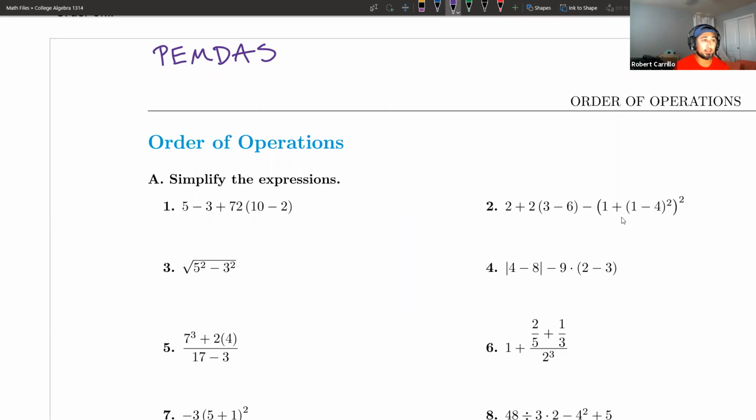So for PEMDAS, P and E always stay the same. Those will never change. We work problems from left to right. So if division comes before multiplication, then you can interchange these two. So this means that PEMDAS can also be known as PEDMAS.